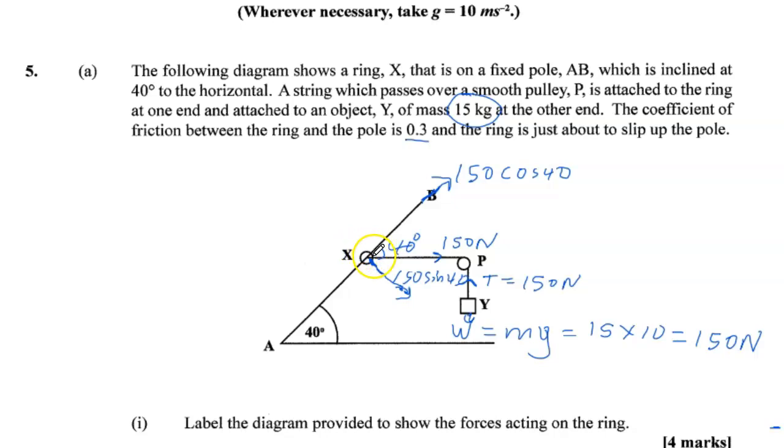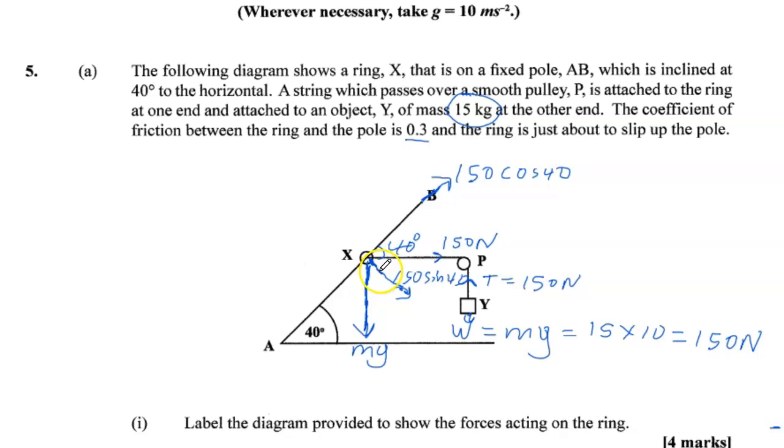Now, the ring itself, of course, has a mass, which means it will have a weight. The weight of the ring acts perpendicular to the ground, and the weight is mg, and since this weight mg for the ring is at an angle to the pole, it will also have two components.